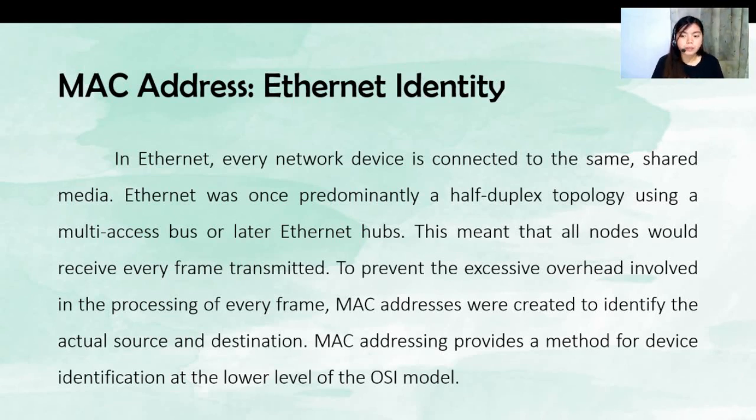This meant that all nodes would receive every frame transmitted. To prevent the excessive overhead involved in the processing of every frame, MAC addresses were created to identify the actual source and destination. MAC addressing provides a method for device identification at the lower level of the OSI model.